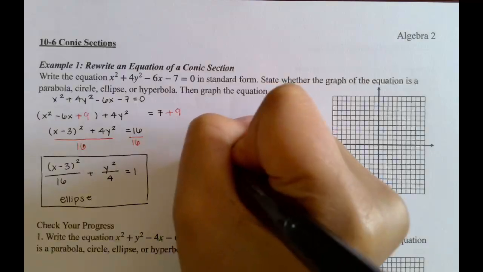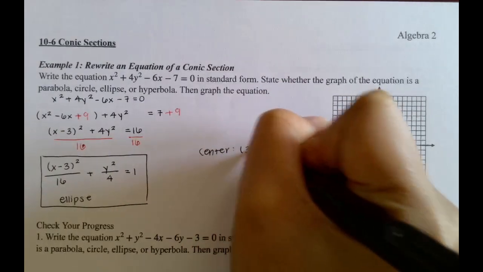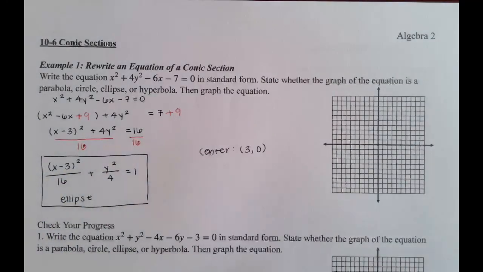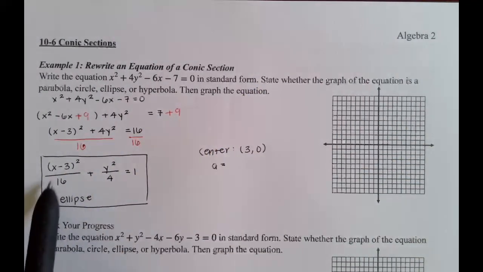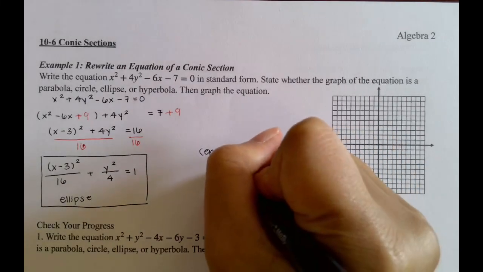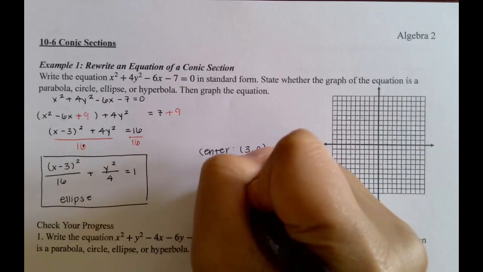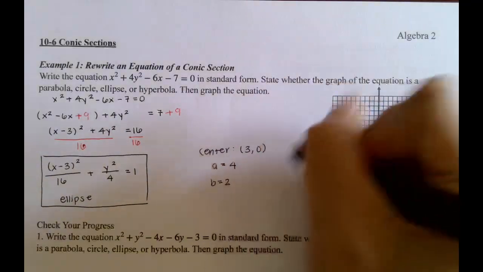Here I know the center is at 3, 0, that's h, k. A is the bigger one, the square root of 16 is 4, so a equals 4. b equals 2. If I wanted the focus, I can find c as well, but here I have enough to graph it.